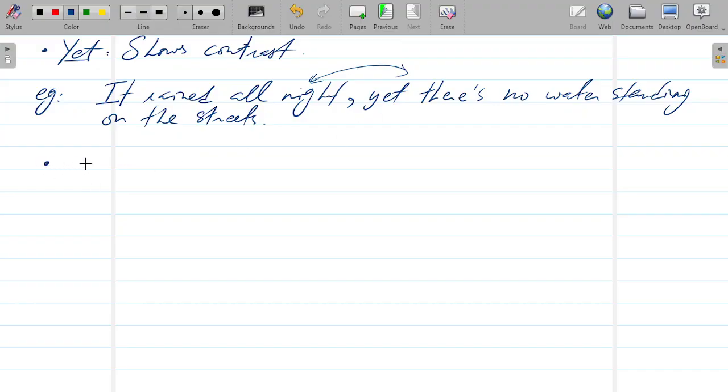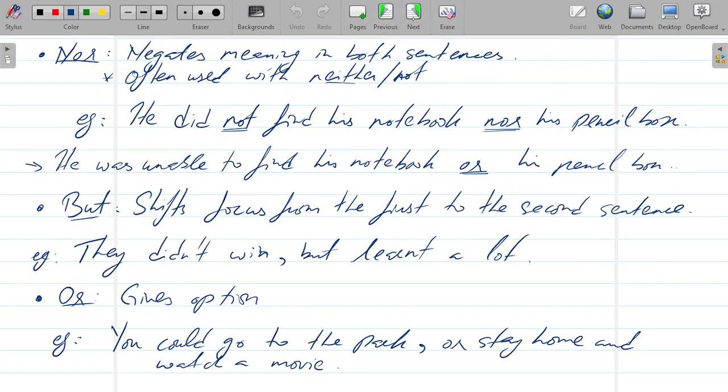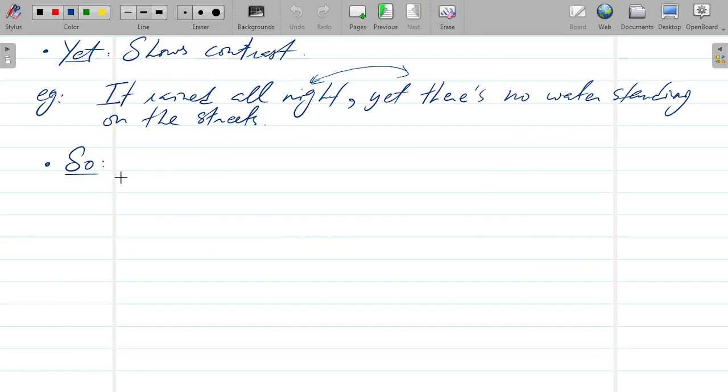And finally, you've got so. And this is the opposite of for, right? And over here, the first sentence gives the reason for the second.